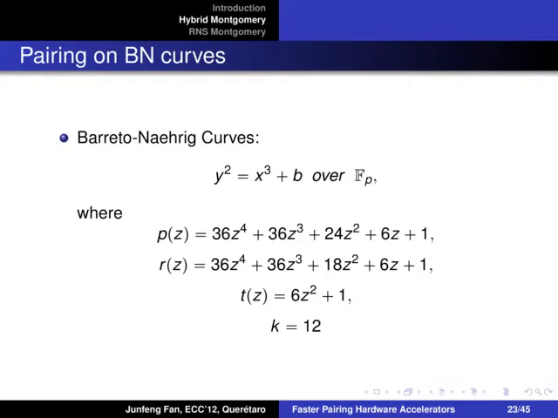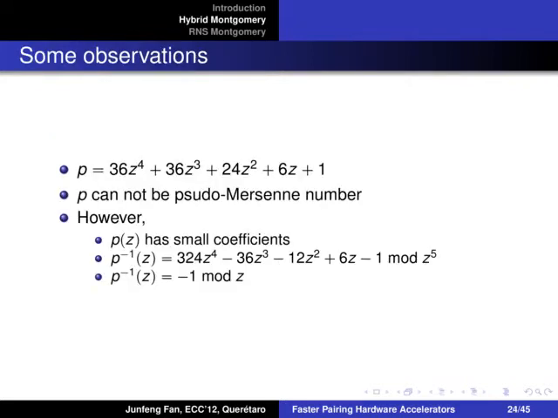So we're looking at Barreto-Naehrig curves, a curve defined like this, and finite field Fp, where P is defined using a polynomial. The polynomial is the following. So we notice that you cannot choose a Z such that P is a pseudo-Mersenne number.